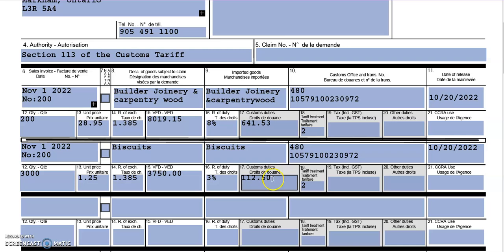But what this represents is, of the 3,000 biscuits that were exported, you paid $112.50 duty when it came in. Because they're being exported again, you get the $112.50 back. The tariff treatment is 2 on the original B3. There's no other tax, no other GST, no other duties, and we leave this blank.